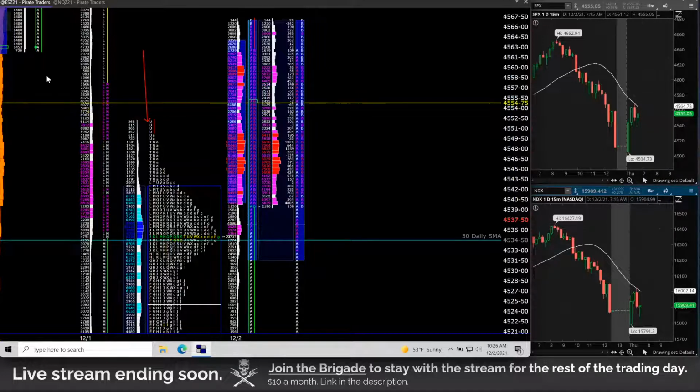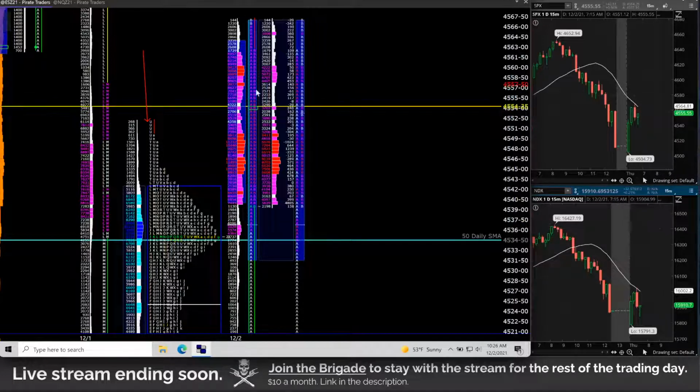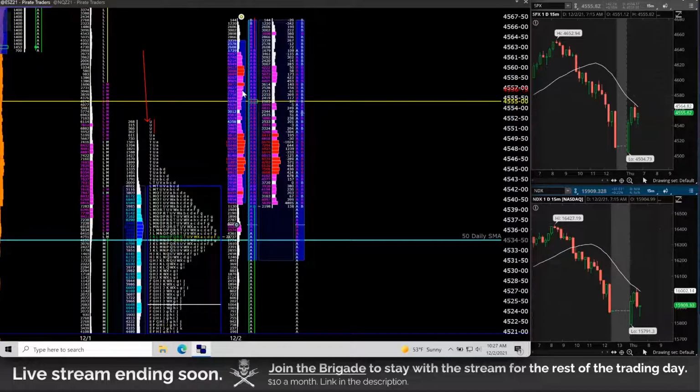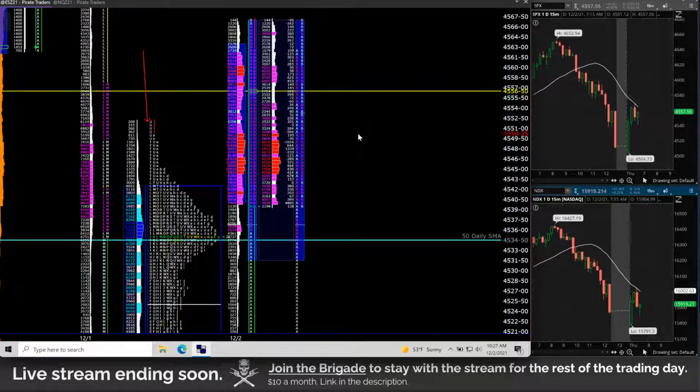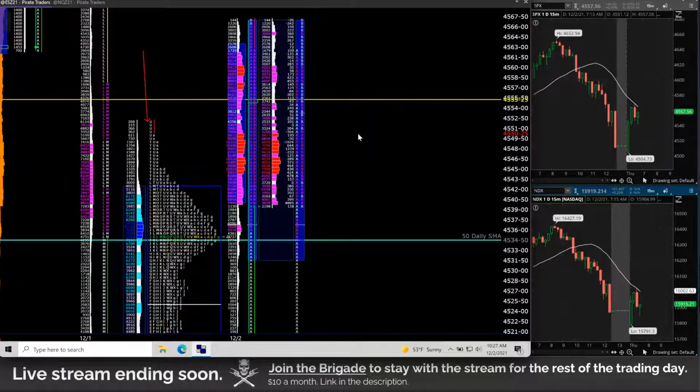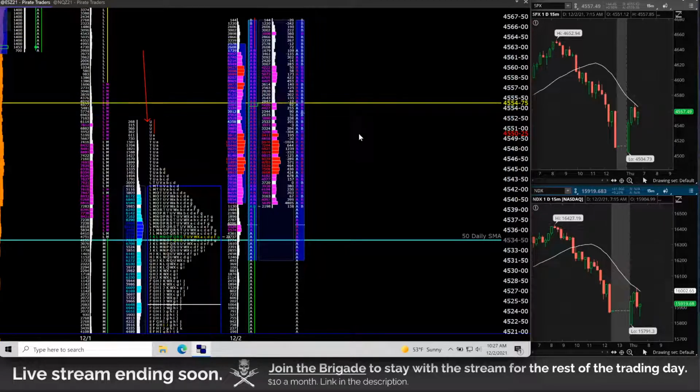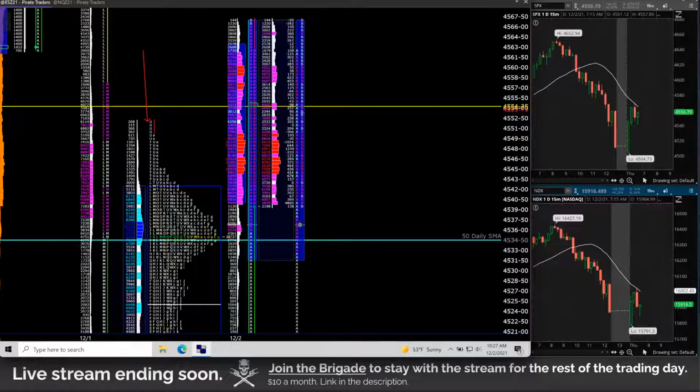All right, so like I said before, there's potential that this node here that was acting as support could become resistance. So as we push up into these pink and red volume nodes, we look for resistance there, meaning the ticks start to sell off again. And like I said, now we're playing the game, right?